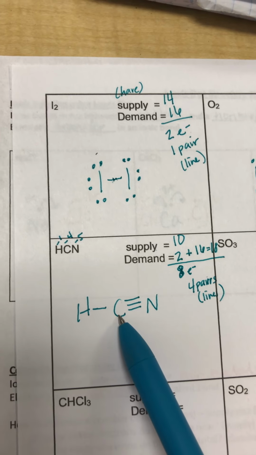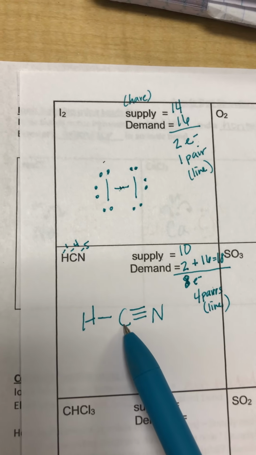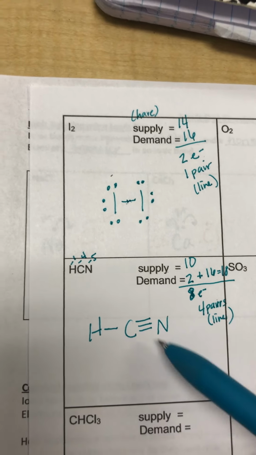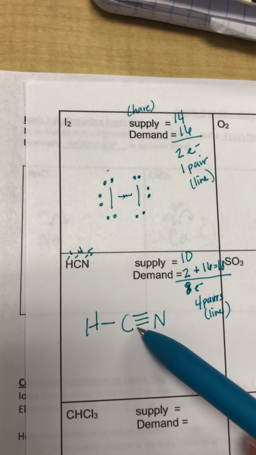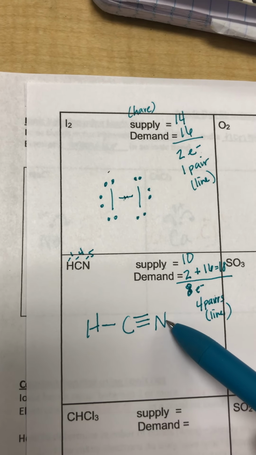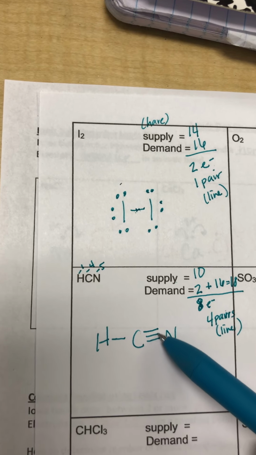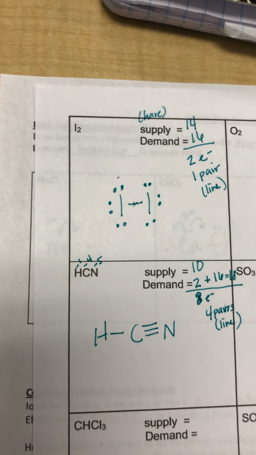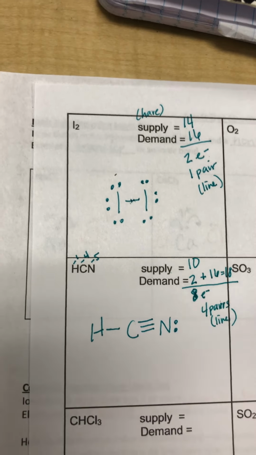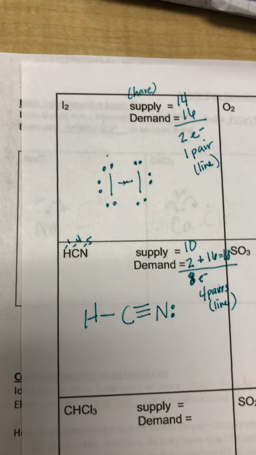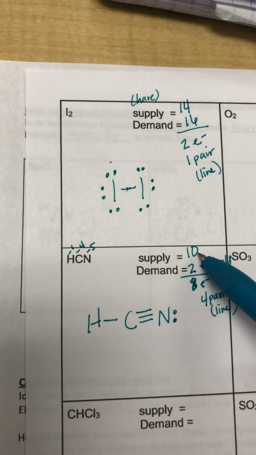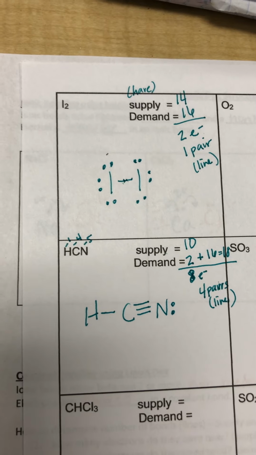If it has 8, then it doesn't want any more lone pairs. 2, 4, 6, 8. It has 8. Now let's look at nitrogen. Does nitrogen have 8? 2, 4, 6. It only has 6, so I can put my other 2 right there. Now I have my 10 supplied.